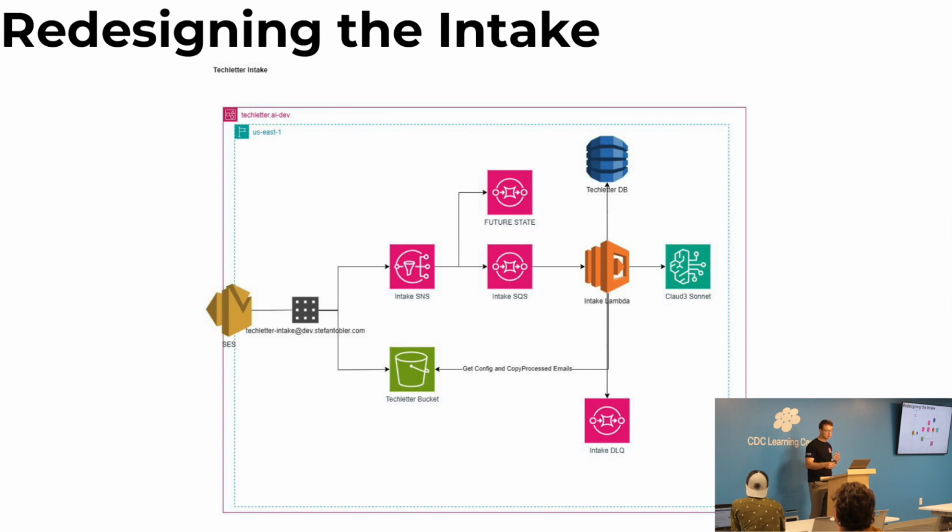And SNS is really powerful too, because you can filter on all sorts of things. You can add custom attributes. So maybe I have some sort of extraction data pipeline.